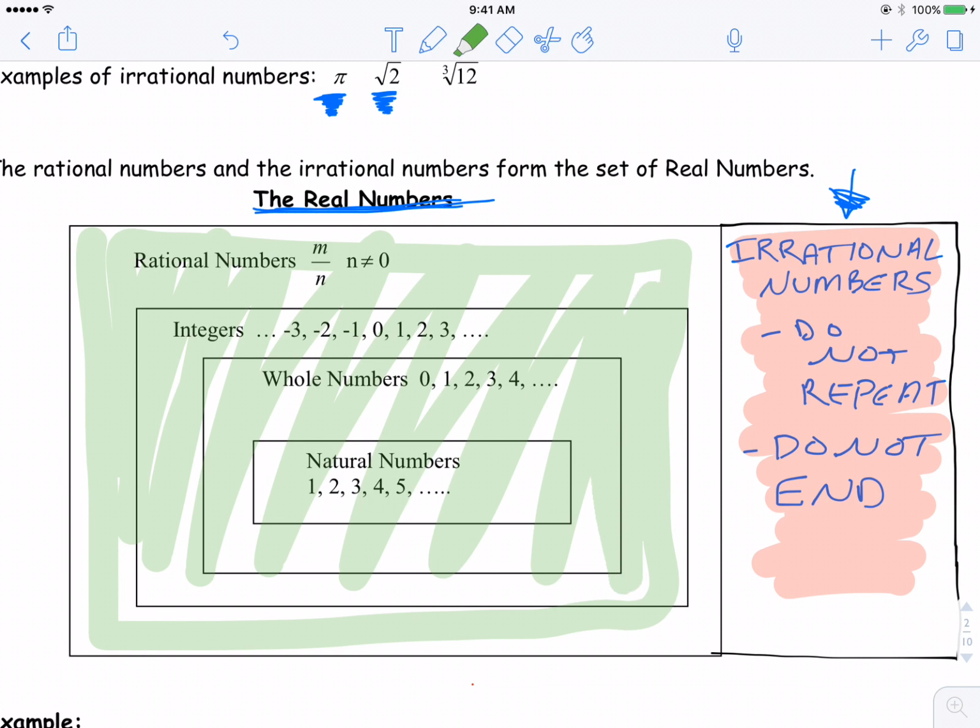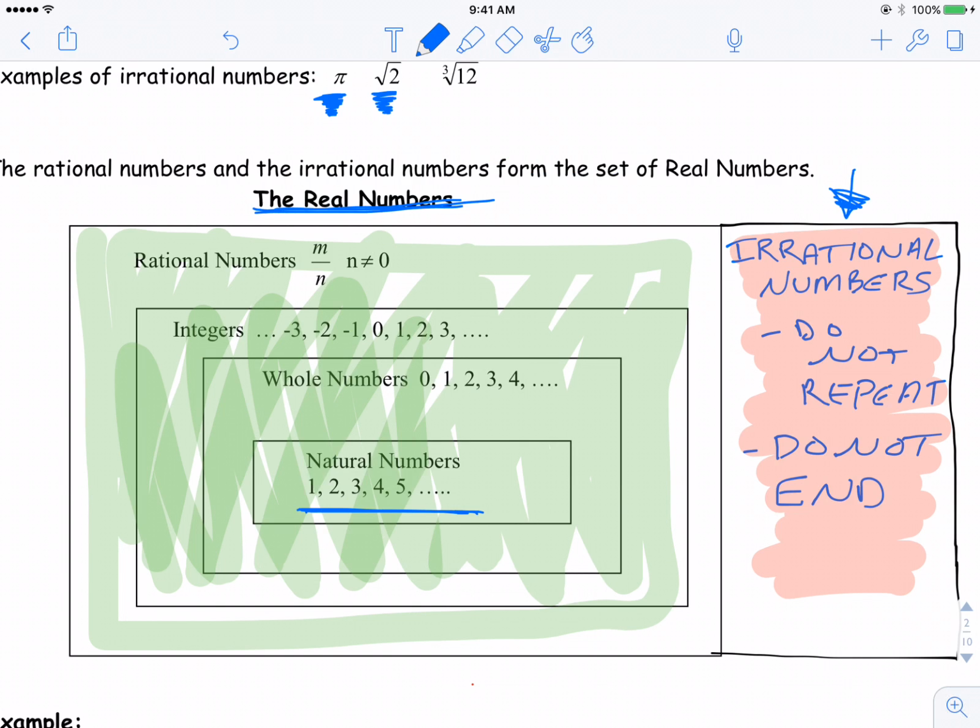If you remember from the past, we have talked about many types of numbers. We have natural numbers, 1, 2, 3, 4, 5, things you can count on your fingers and toes. We have whole numbers, which include those natural numbers plus 0. We have integers, which now include our negative values, -1, -2, -3, but not decimals and not fractions, just full numbers.